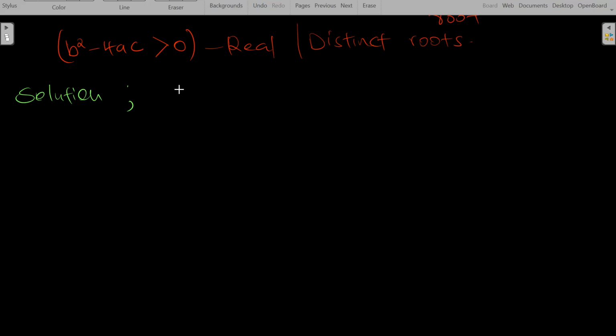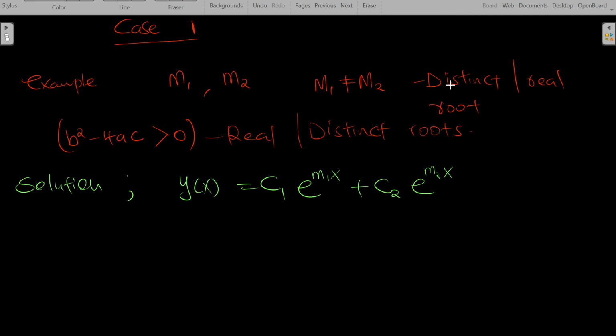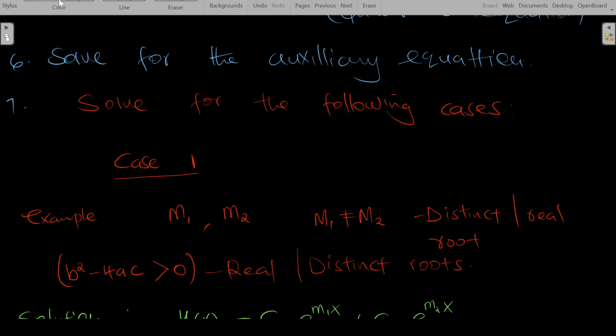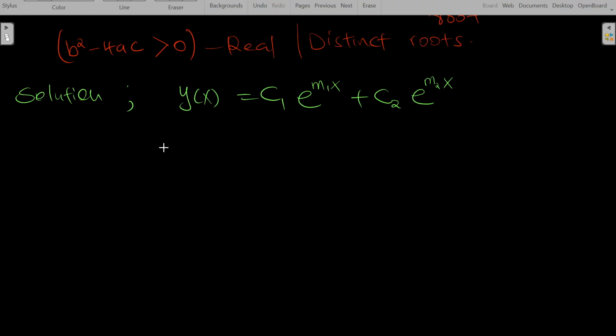I'll write my answer as y of x equals c1 e raised to m1x, remember it's m1 because we have two roots, plus c2 e raised to m2x. That will be my answer if we get the roots to be distinct. So that's case 1, keep in mind. Now let's continue to case 2.